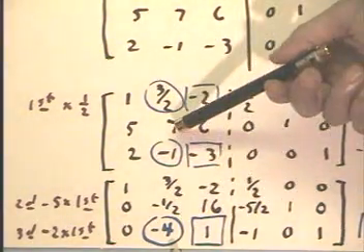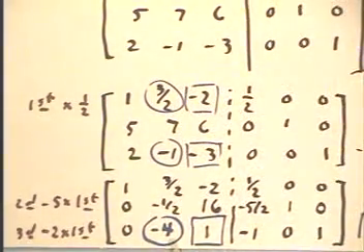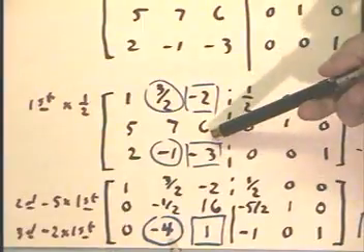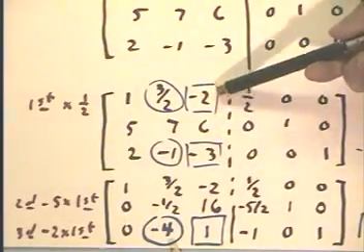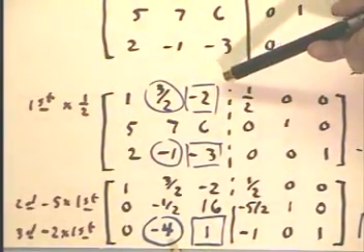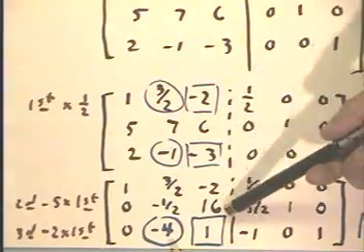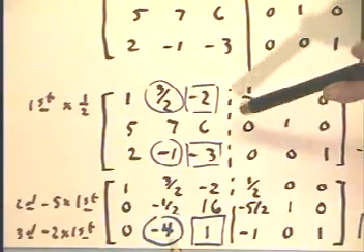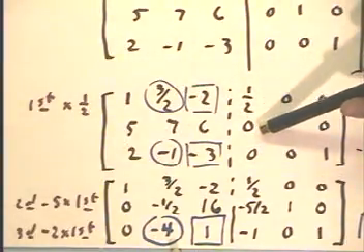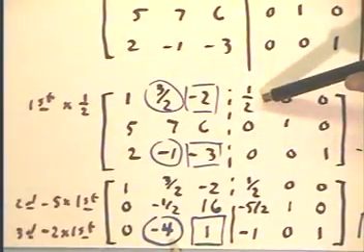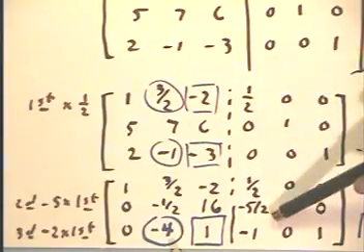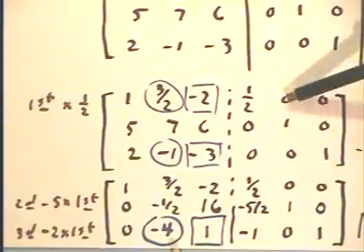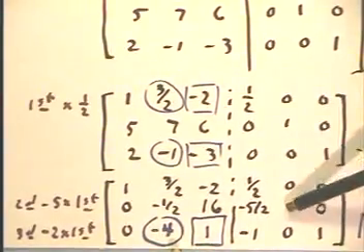In any case, if we do this minus 5 times this, we get the negative 1/2. What I said there, second time, was correct. Then if we do 6 minus 5 times the negative 2, minus 5 times negative 2 is plus 10. Added to 6, we get 16. We do the second row, which has a 0, minus 5 times the first, so that's going to give us minus 5/2. And then second minus 5 times the first. Well, the first just has zeros here, so the second row is not going to change down here.